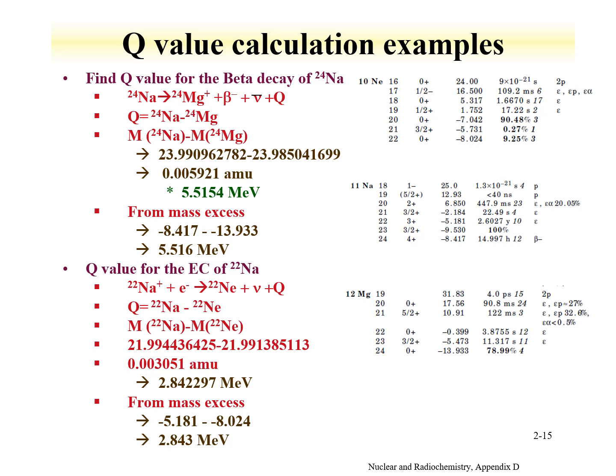So let's review what we've gone over about Q-value calculations. First, the Q-value for the beta decay of sodium-24 decaying into magnesium-24, a beta particle, and an antineutrino. Let's set it up and solve for the Q-value. Remember, for beta-minus decay, we can combine the progeny and the electron together, so we don't need to break out the electron mass separately.